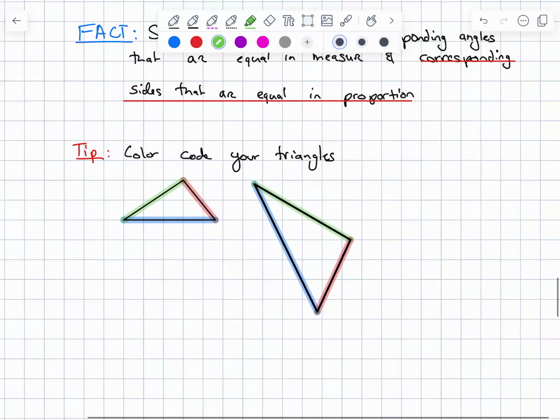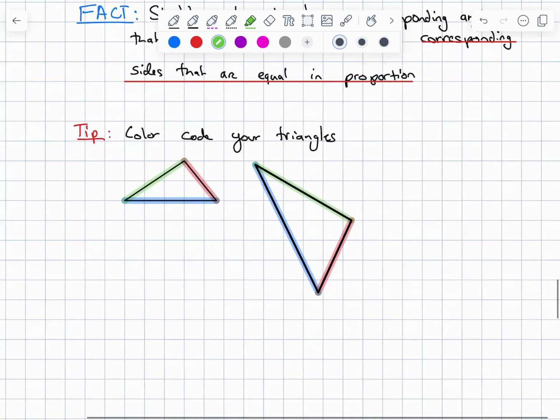So with that, I'm going to show you all the proportions you can set up. All of their side lengths are equal in proportion. So depending on how you want to do it, there are, let's see here, 1, 2, 3, 4, 6. There's a lot of different proportional equations you can set up.